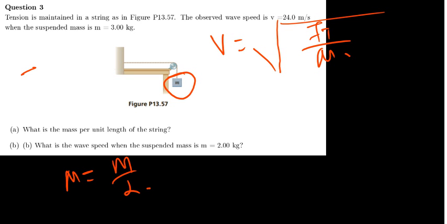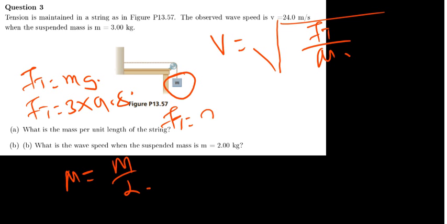No, it's 29.4 newton. So here is our formula. I hope you are able to follow.